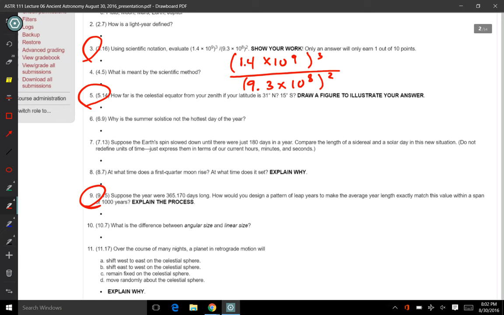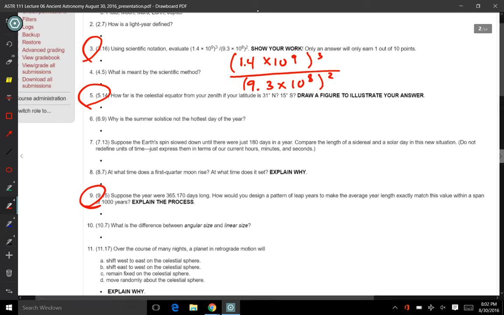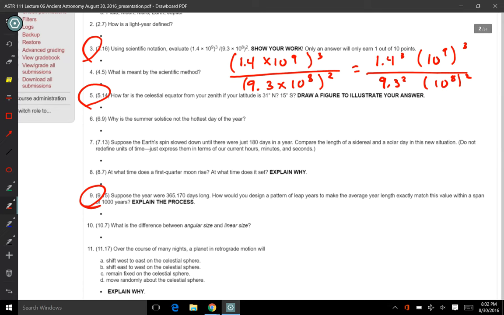So what I'm going to do here is rewrite this as 1.4 cubed times 10 to the 9th cubed and 9.3 squared times 10 to the 8th squared. Is this absolutely necessary? No, but it's showing that I understand how they work.